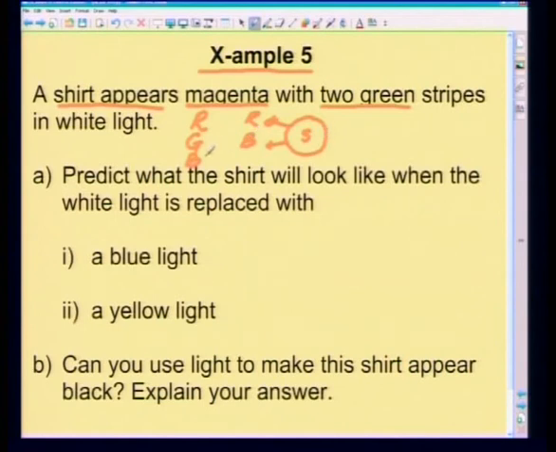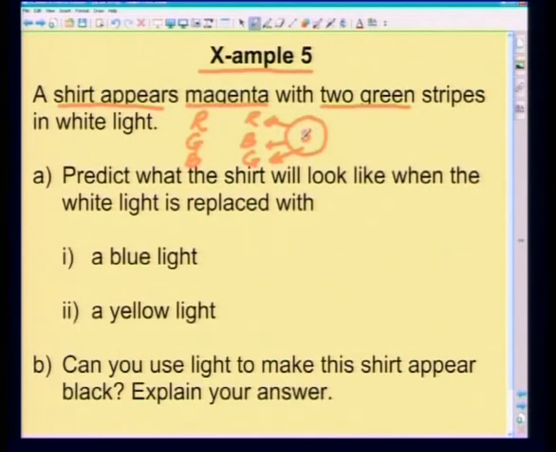But then this green would have been absorbed, but then there are green stripes here. So where those stripes are there, even green comes back on those stripes. So all this is on the shirt. That's what we're trying to establish here.